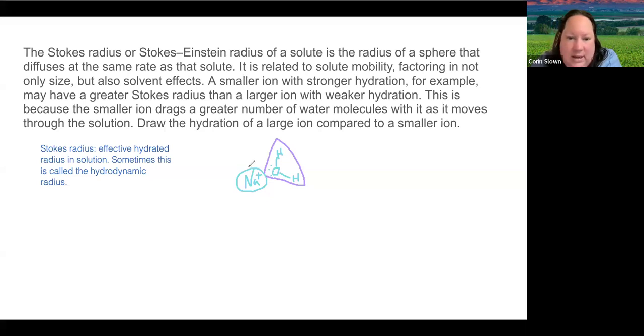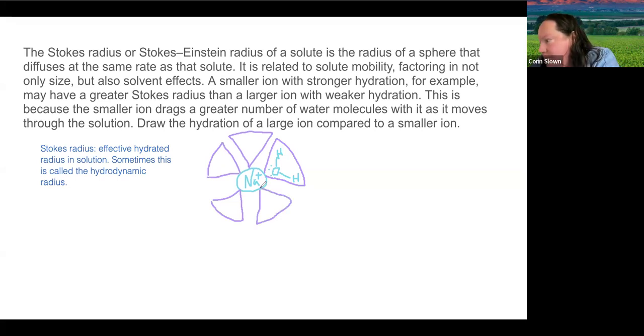And we think that we can fit approximately 5 triangles around sodium.